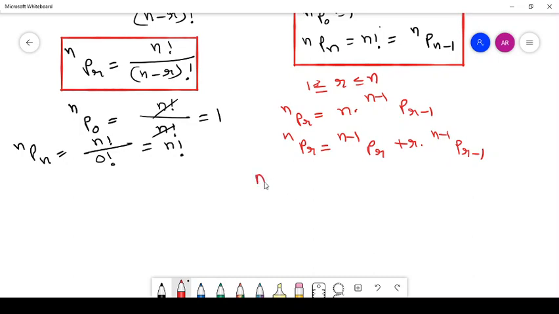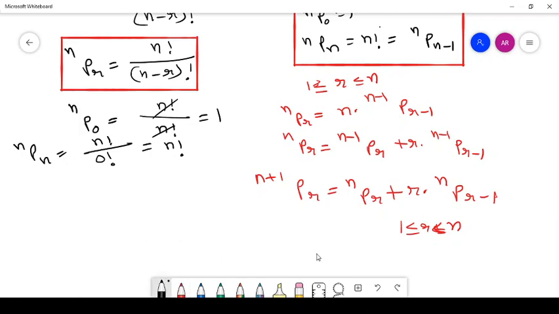And (n plus 1)Pr, where n is replaced by n plus 1, becomes n plus 1 minus 1, that is nPr plus r into nP(r minus 1). Here 1 is less than or equal to r less than n. These are the important results. Remember it.